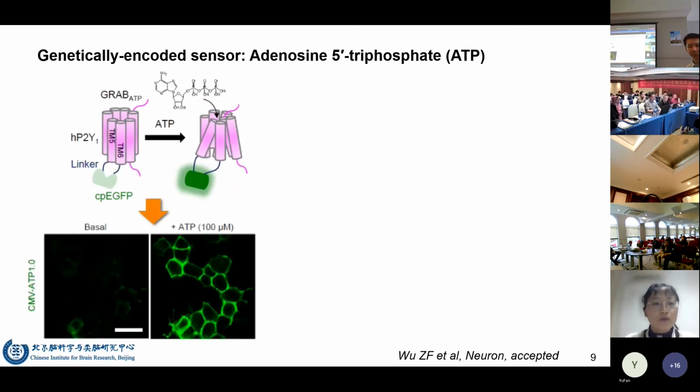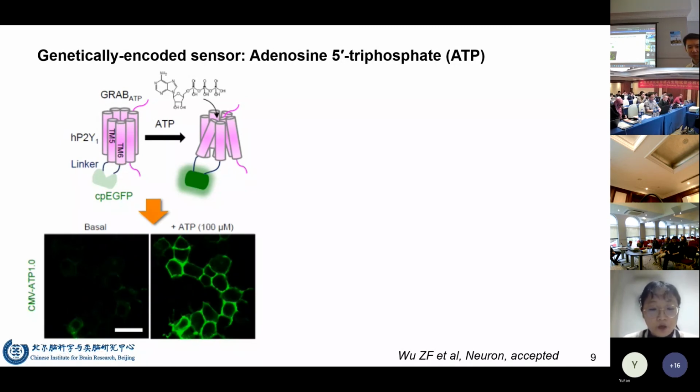And I will introduce this sensor because we used it with the ATP sensor. Adenosine triphosphate, ATP, is a universal energy-storing molecule used by virtually all living organisms.